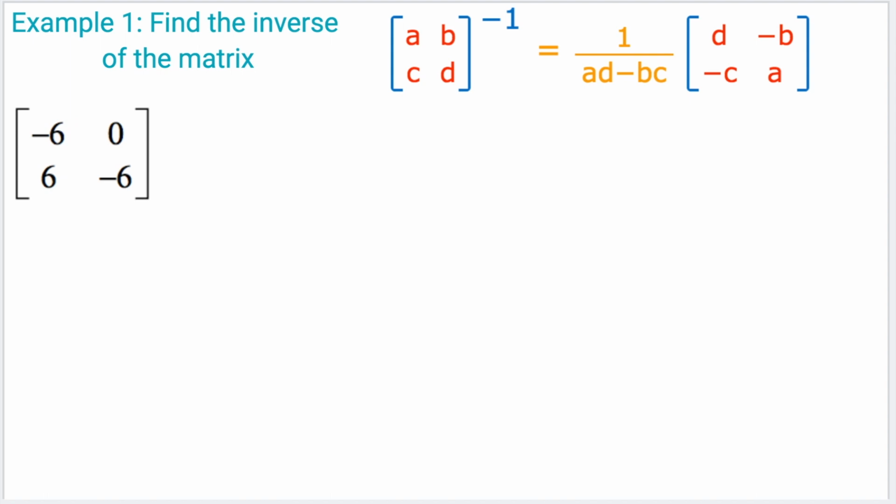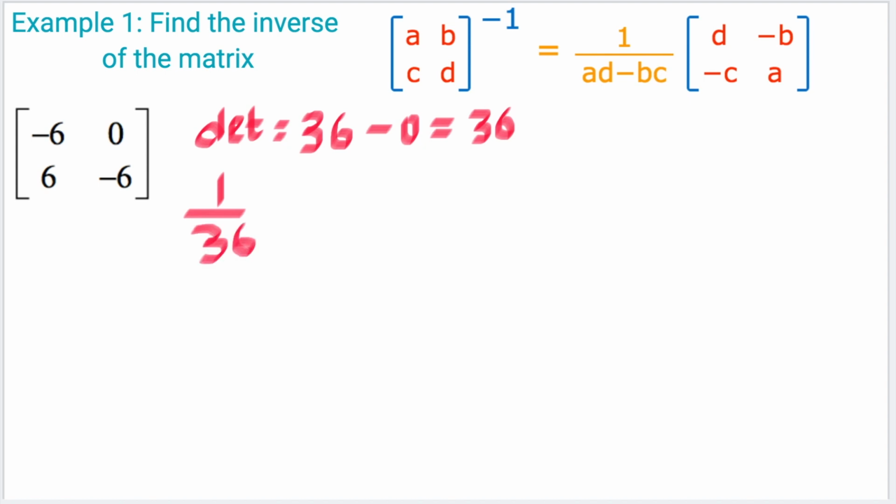So the first thing to do is to calculate the determinant of the matrix. The determinant of this matrix is going to be -6 times -6, that is 36, and then minus 6 times 0 is 0, 36 minus 0 is 36. So that's the determinant of this matrix. And then now we put that determinant in a fraction, 1 over 36.